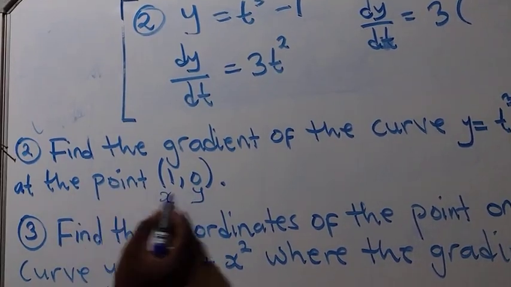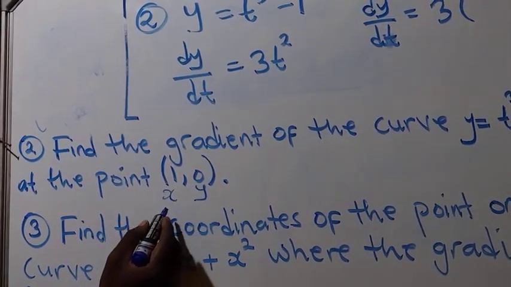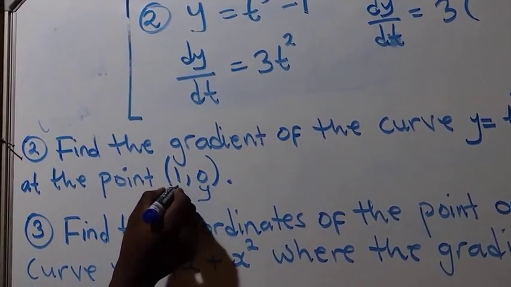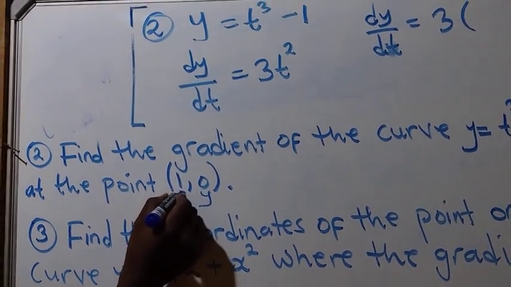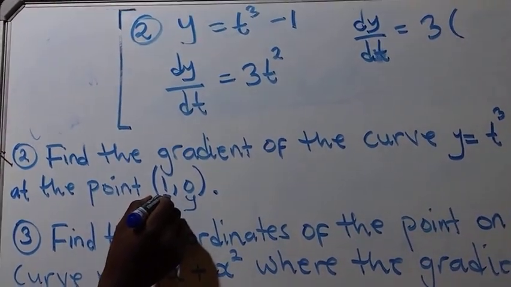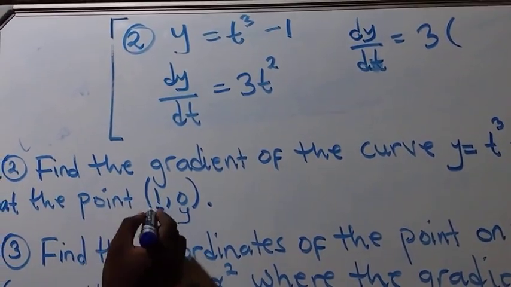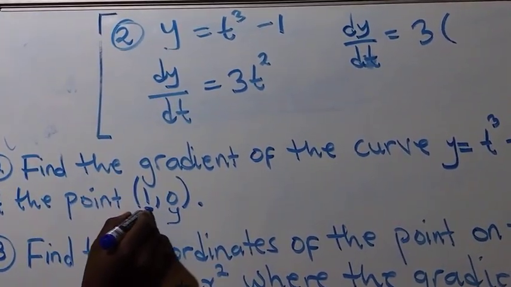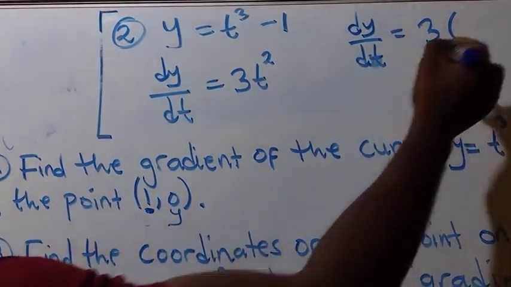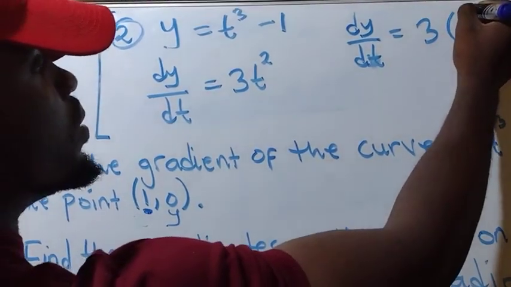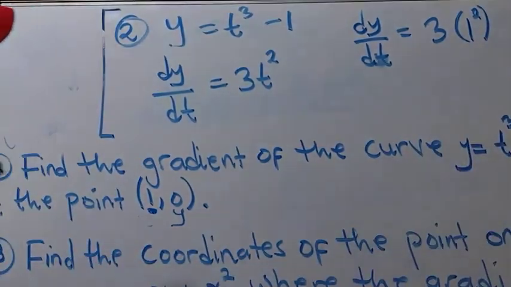You have been given the coordinates at the point (1, 0). The first coordinate is the one for t, so the letter t will be represented by this value 1. So 1 squared.